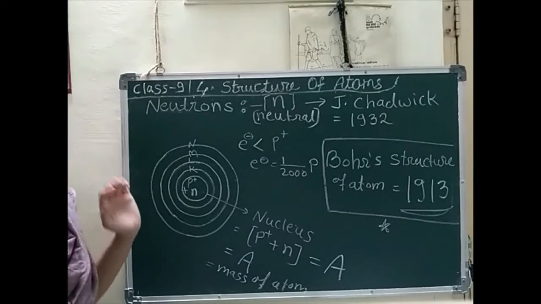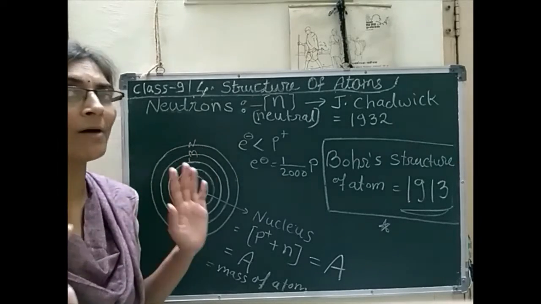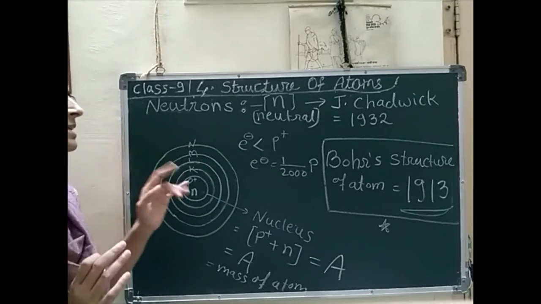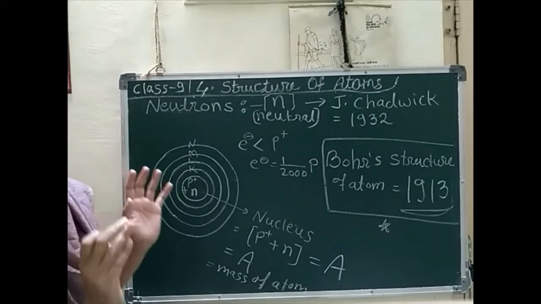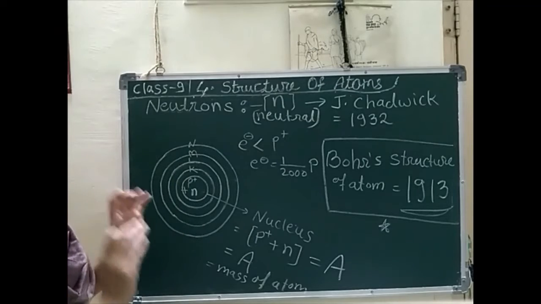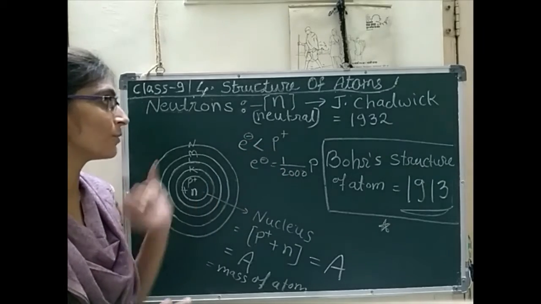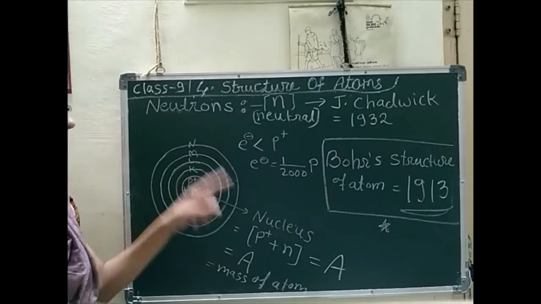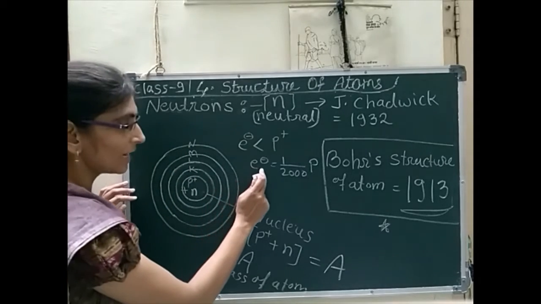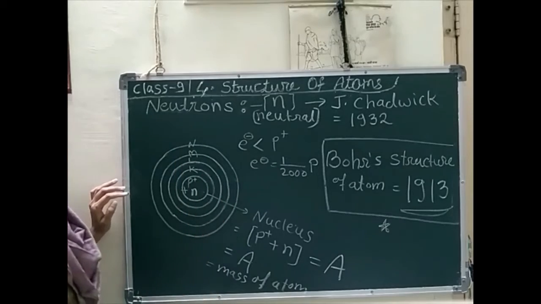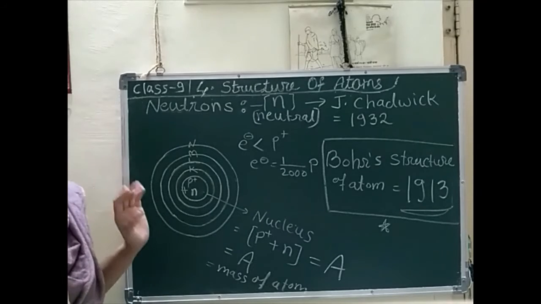And we know very well that the magnitude of charge of proton and electron are equal. Means the number of electrons is equal to the number of protons, but they have different mass and opposite charge. Electron has negative charge and proton has positive charge, and the electron is much lighter than the proton, so mass is different and charge is different, but they are equal in magnitude.